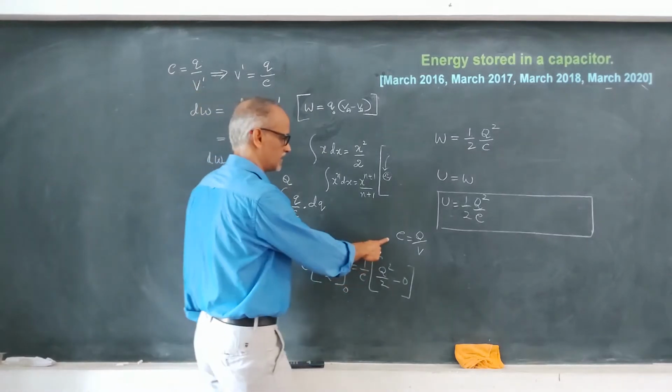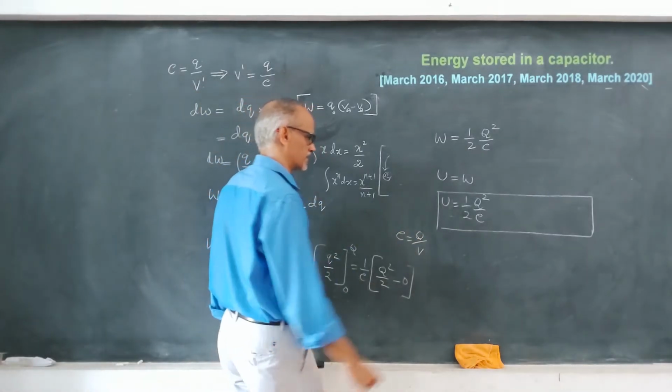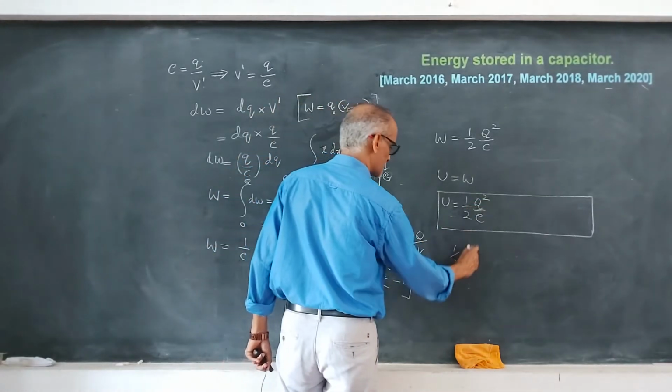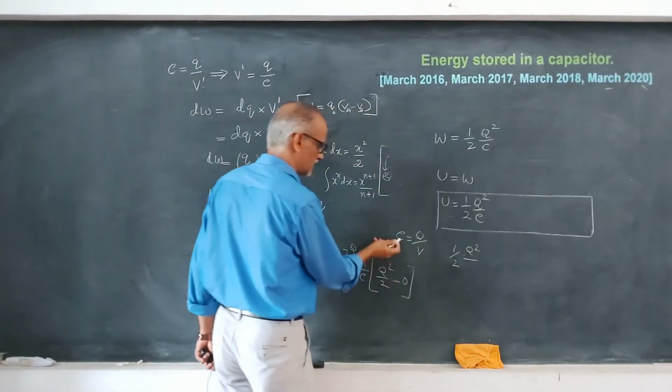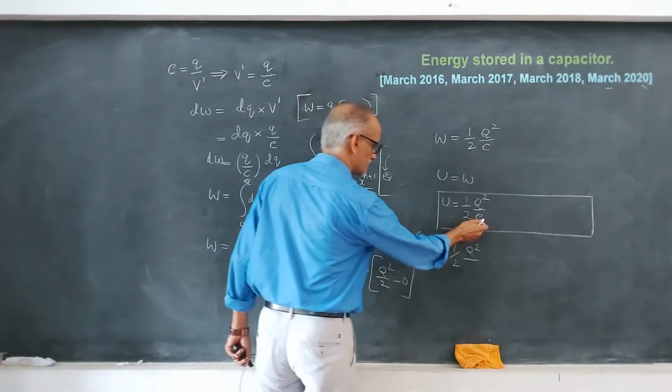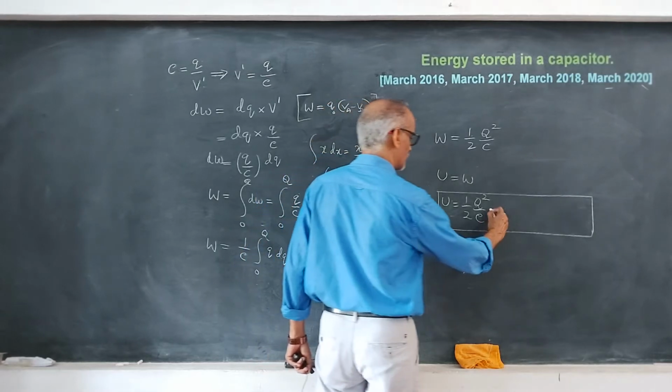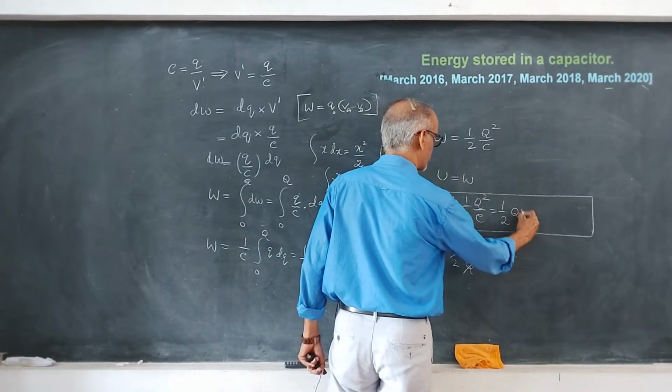But we also know that capital C is equal to capital Q by V, correct? So replace, half Q square by C, where C can be replaced as Q by V. One of the Q will get cancelled, so we get one more form, which is half QV.